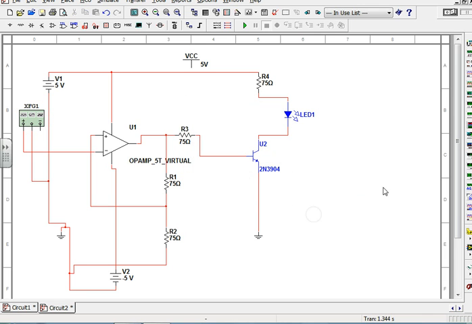Okay, we turn it on, what happens? Oh, it's not going to work because I don't have the right stuff in it. Okay, that's fine.